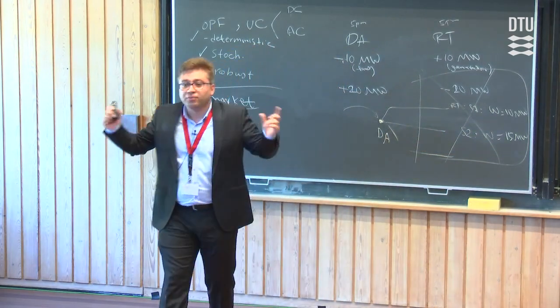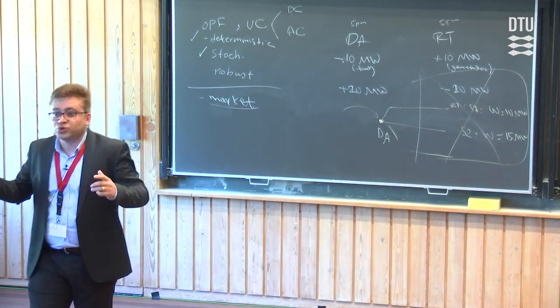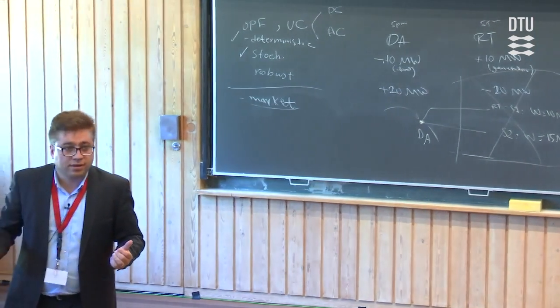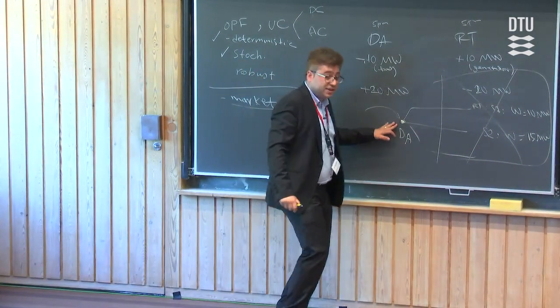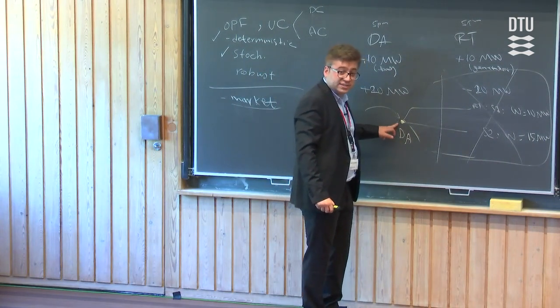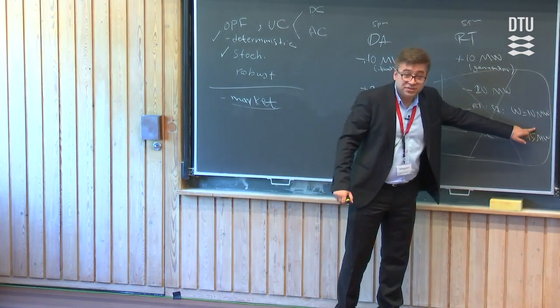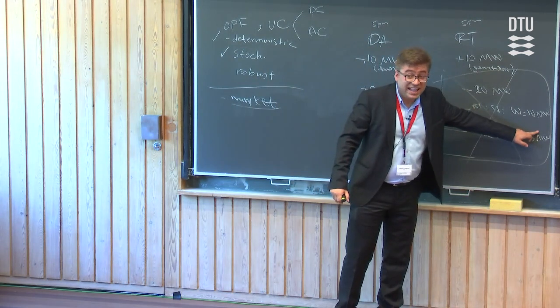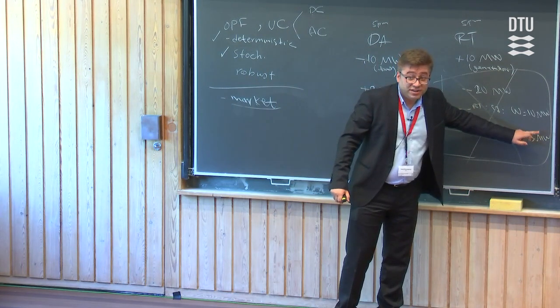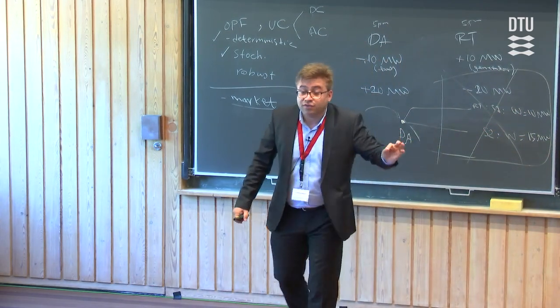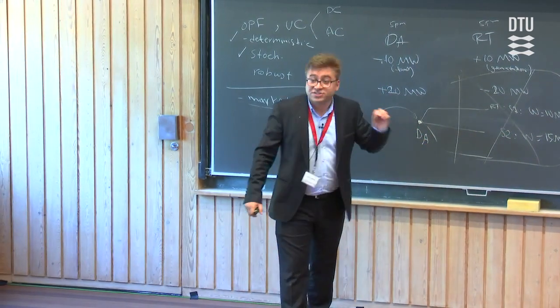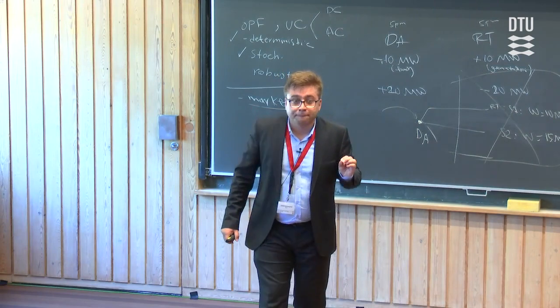It's kind of myopic or short-sighted market clearing. Your decision is the best in deterministic if really that day-ahead forecast happens in the real time. But if something else happens, maybe you are suboptimal or very far away from the optimal point if your forecast in day-ahead was very wrong.